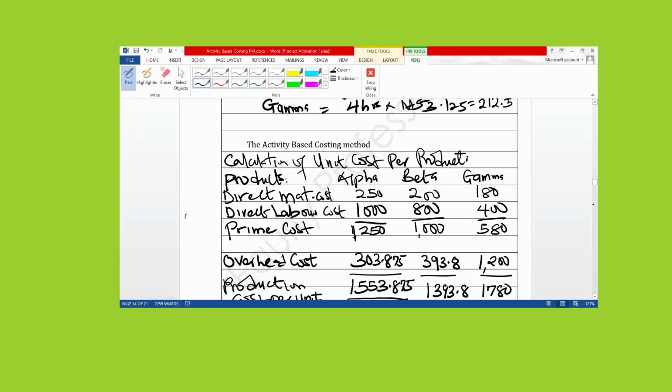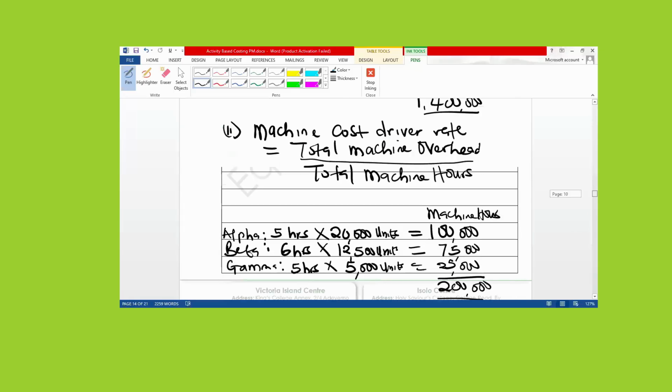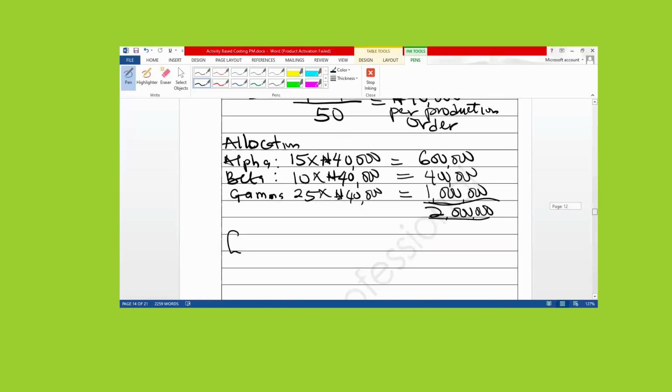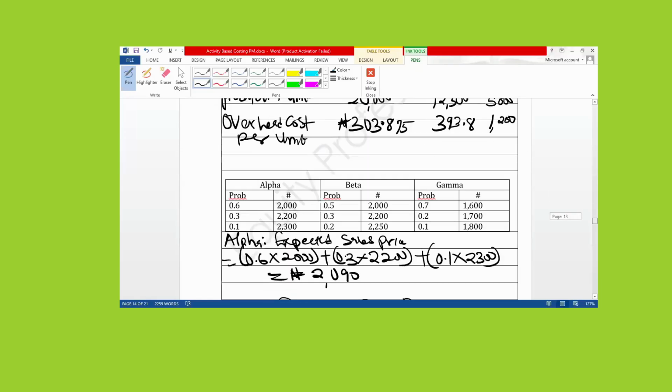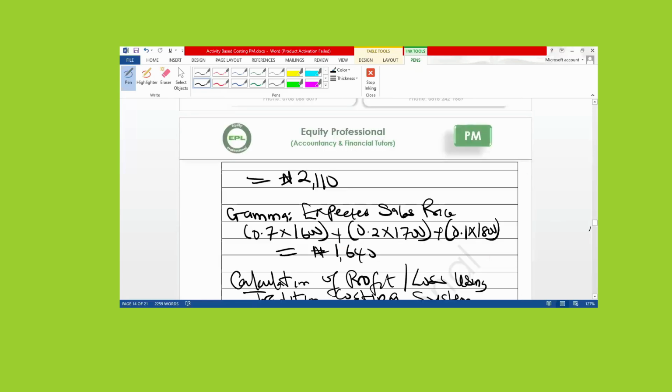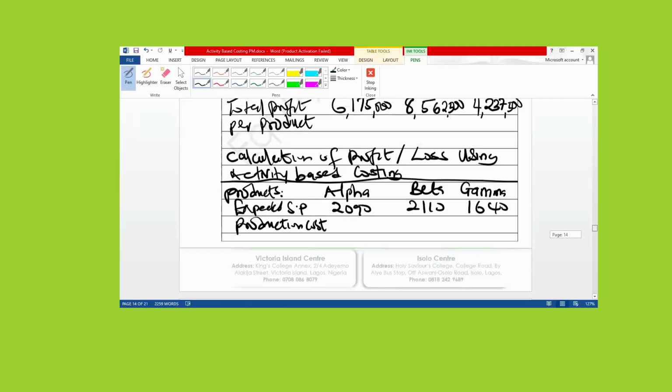Now please give me this figure if you have it. 1553.88. That's correct. 1553.8, no problem. Next. 1393.8. Next. 1780.